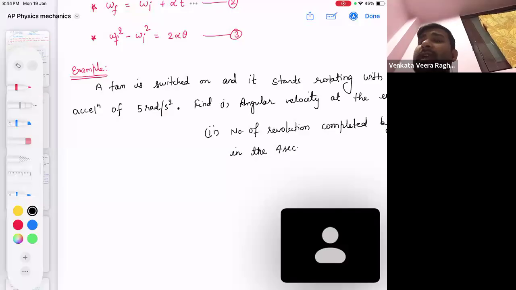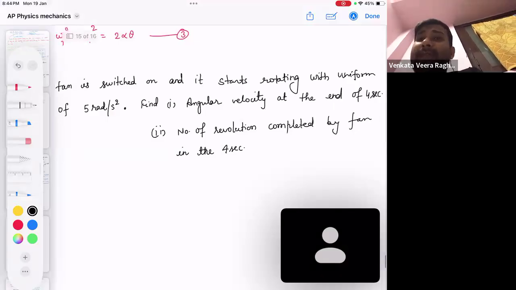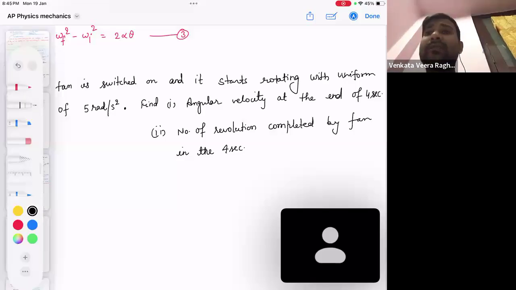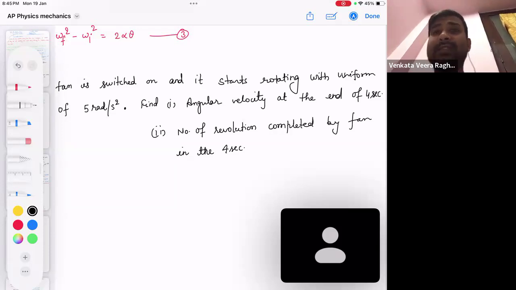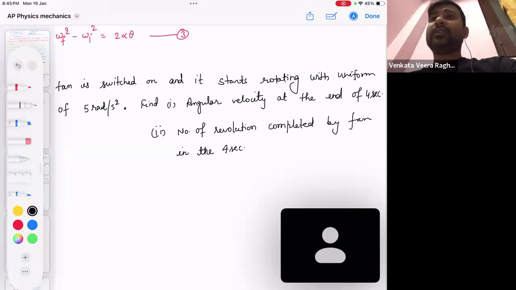So they are asking in the question, what is the angular velocity of the fan after 4 second? And it's given uniform acceleration. So uniform acceleration means what? All the three equations we have written, that is valid, isn't it? And the second thing, number of revolution completed by the fan in the first 4 second interval, how much revolution the fan has completed.